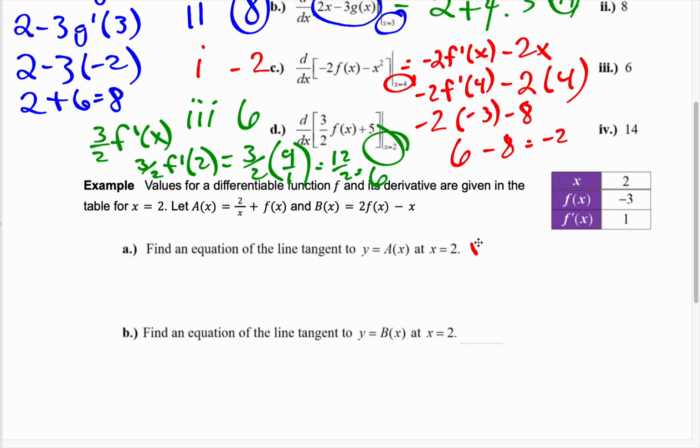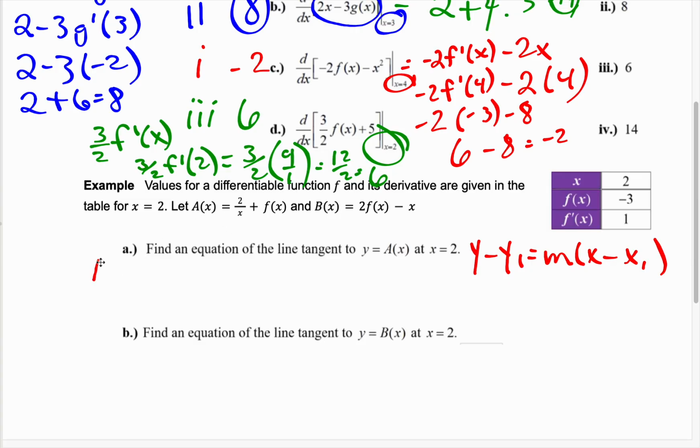Well, we know that is going to be y minus y1 equals m times x minus x1. So first of all, we know what x is, so we have to find out what y is. So here's the equation for that right here.